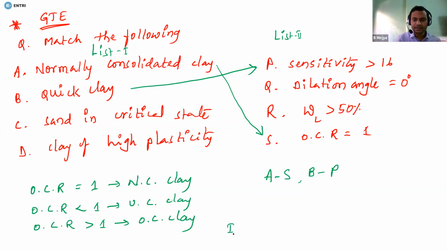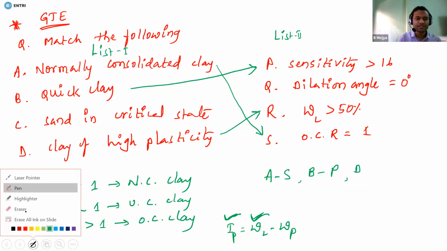Plasticity index IP is the difference of liquid limit and plastic limit, so the soil with more WL will have more plasticity. That is the reason D is matching with R.